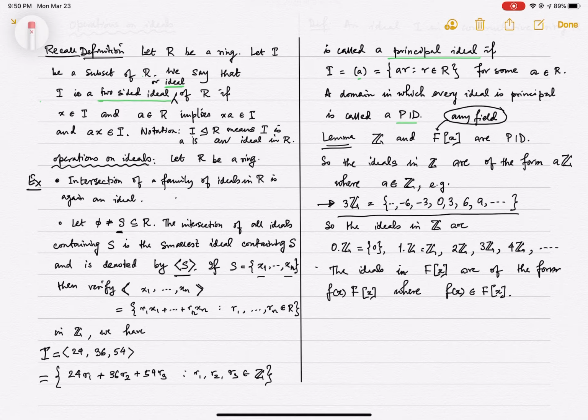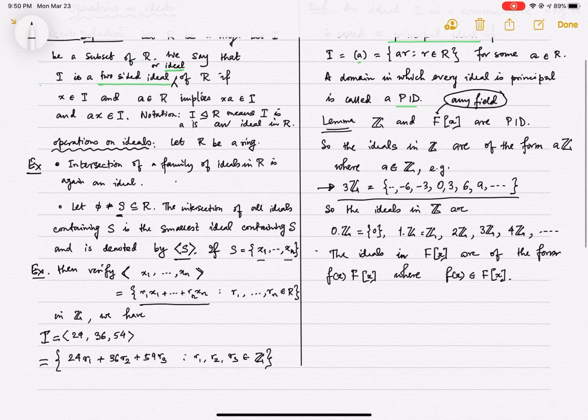Okay. Verify, so this is another exercise, that the smallest ideal containing x1, x2, ..., xn explicitly consists of all such elements. You might call them all linear combinations of x1, x2, ..., xn. So you take x1, x2, ..., xn, multiply them by arbitrary elements of the ring r1, r2, ..., rn, and add them up.